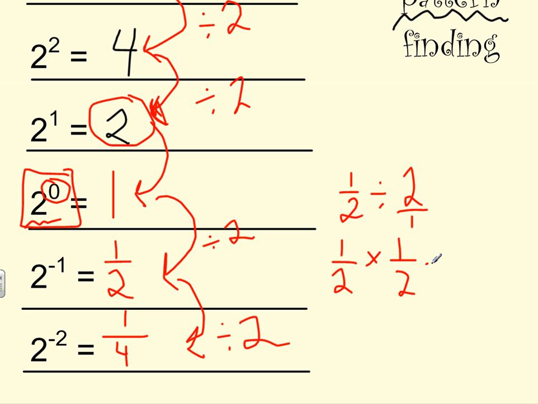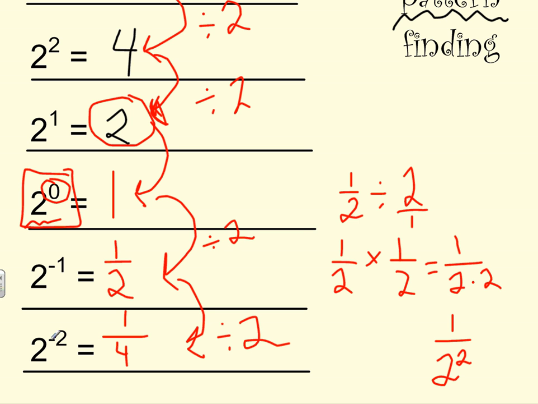Okay? Another way that you can write it is you can multiply your numerators to get 1, and then multiply your denominators. That gives you 2 times 2, and we can rewrite that as 1 over 2 squared. Are you with me so far?